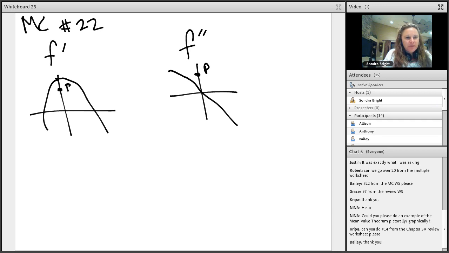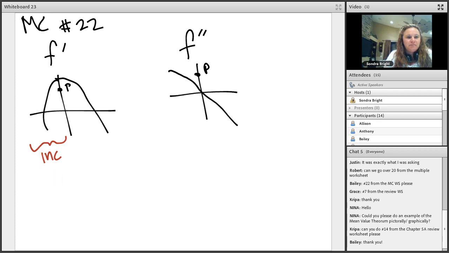Let's see, point P. Okay, so what does this mean? This means that the graph of F will be increasing from negative infinity to 0, and it'll be, sorry, lying to you. Let's go back and pretend like none of that just happened.